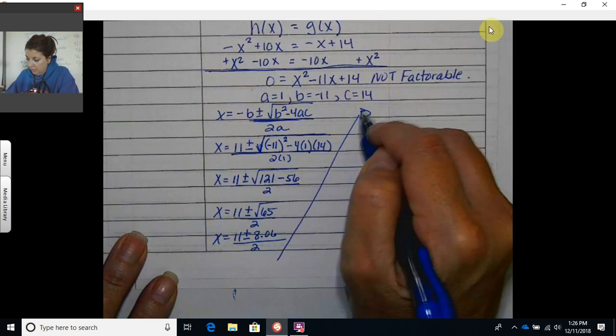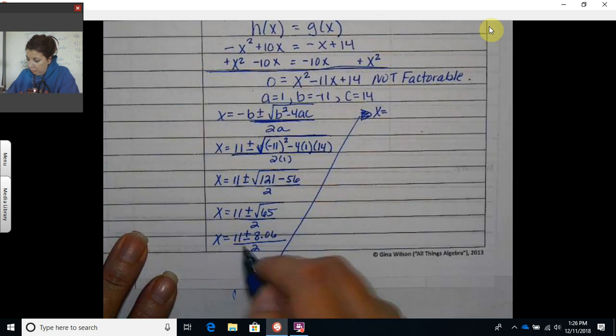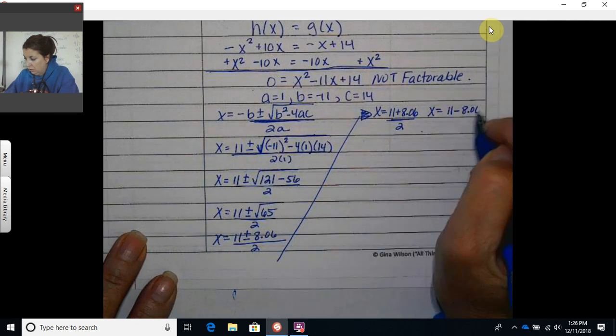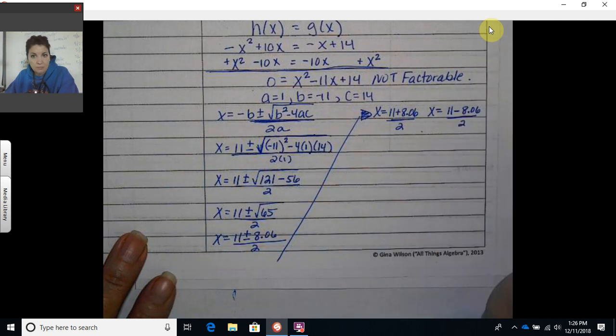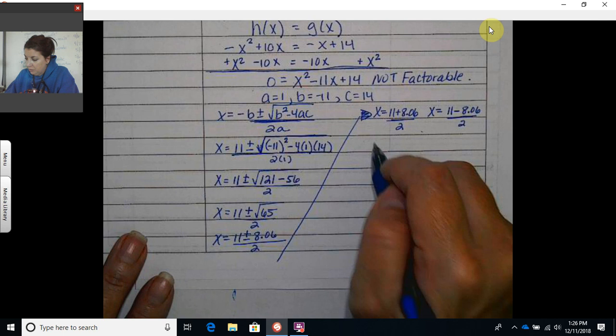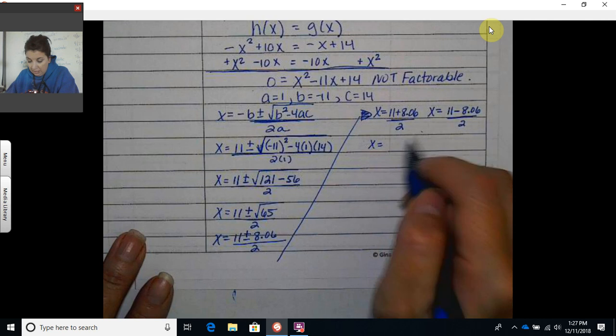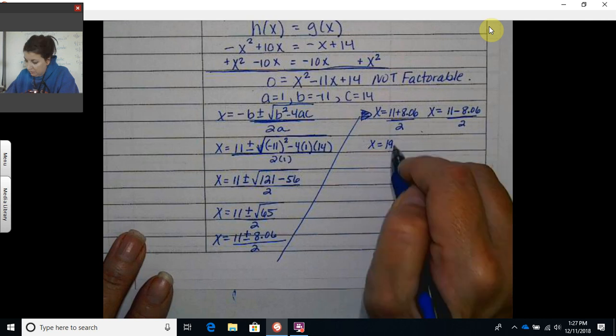So I have 11 plus 8.06 quantity divided by 2, and I have 11 minus 8.06 quantity divided by 2. Simplify your numerator first before you divide. So 11 plus 8.06 is 19.06.